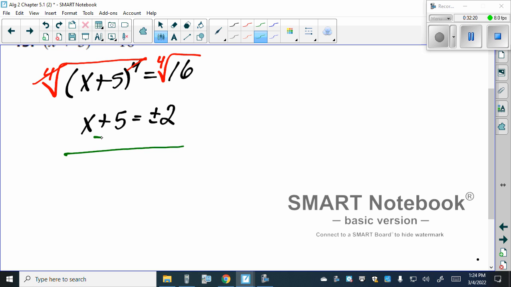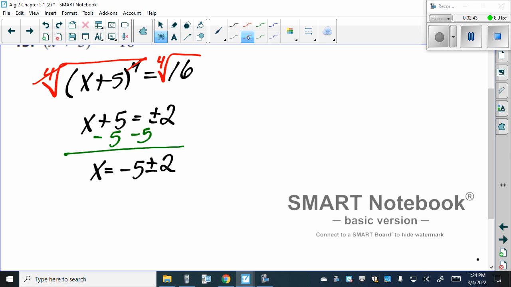Well, no. So we need to subtract 5 from both sides, which will tell us that x is equal to negative 5 plus or minus 2.